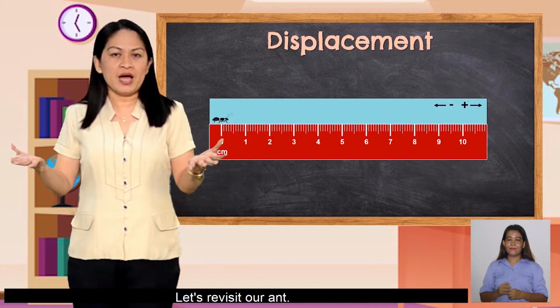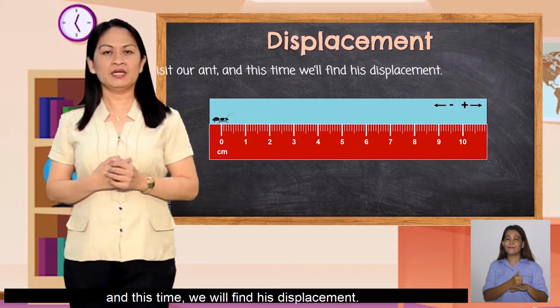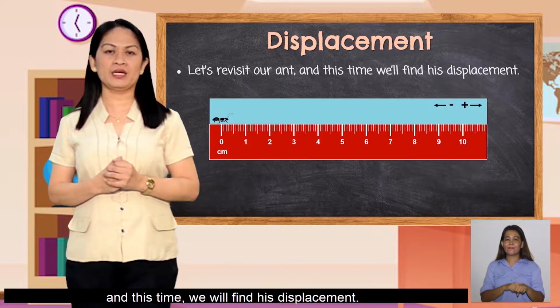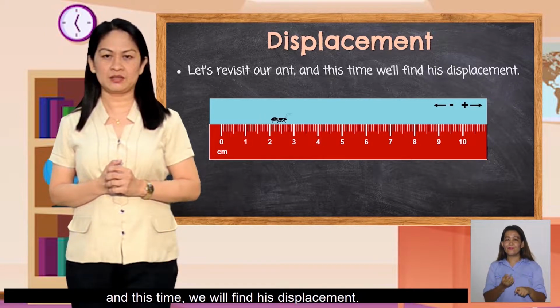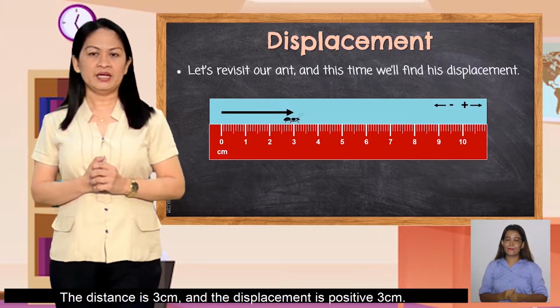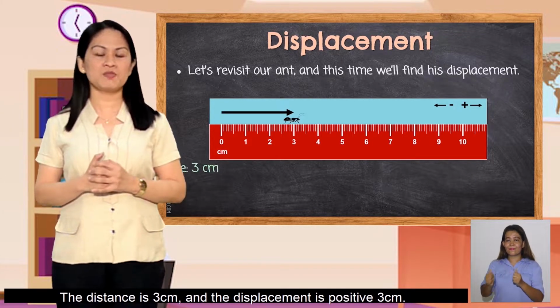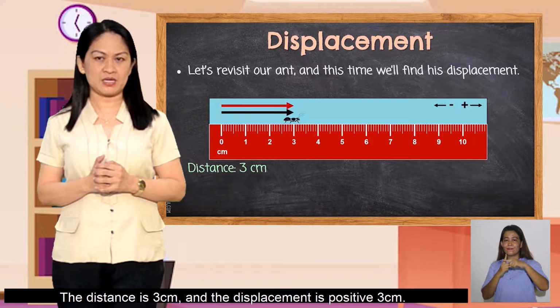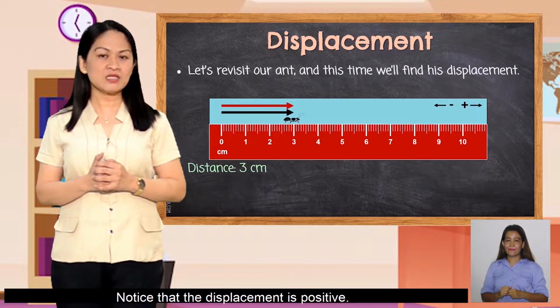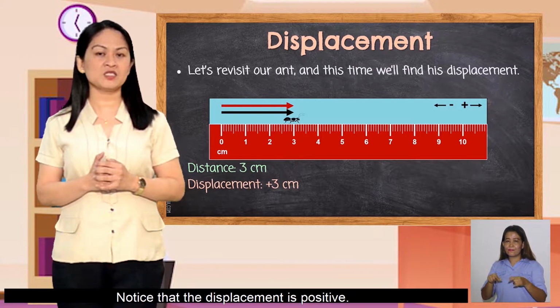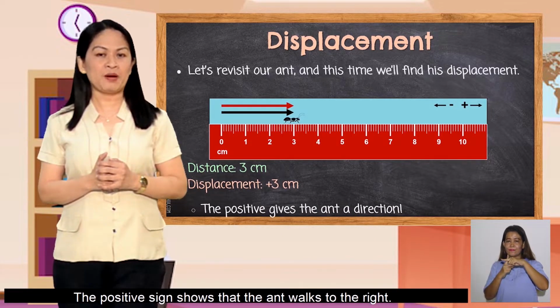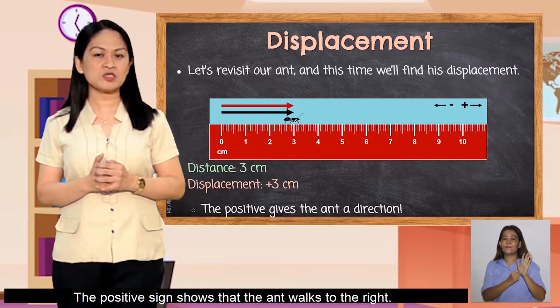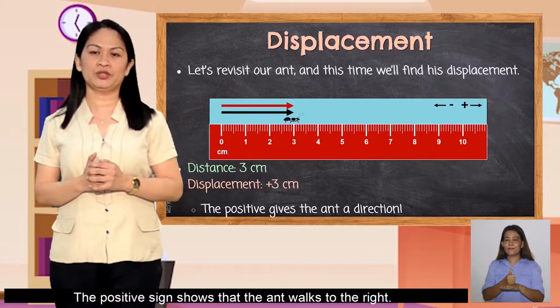Let's revisit our ant. And this time, we will find its displacement. The distance is 3 centimeters and the displacement is positive 3. Notice that the displacement is positive. The positive sign shows that the ant walked to the right.